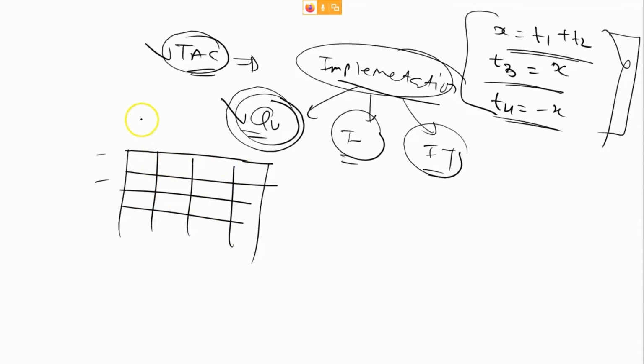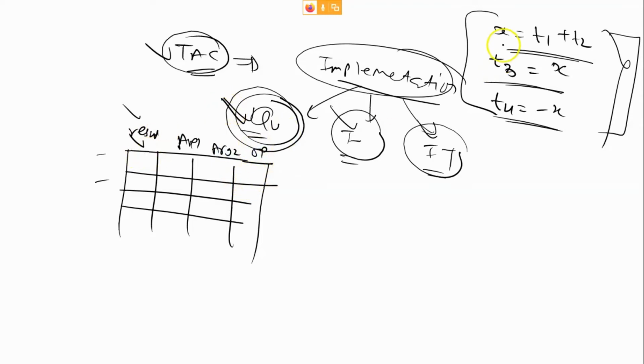Similarly this quadruple also works: you have records and some fields. In this quadruple we have four fields. One field is result, another field is argument 1, another is argument 2, and this is the field operator. So we have basically 4 fields in the quadruple.